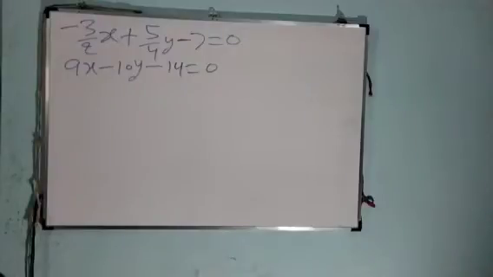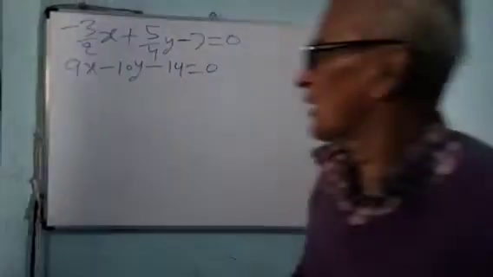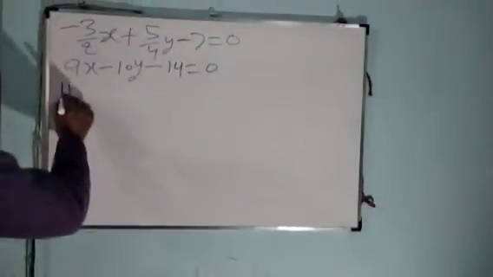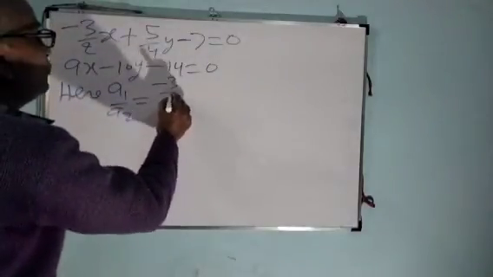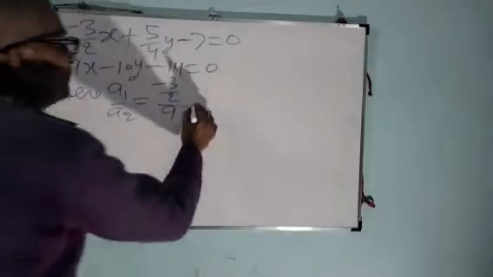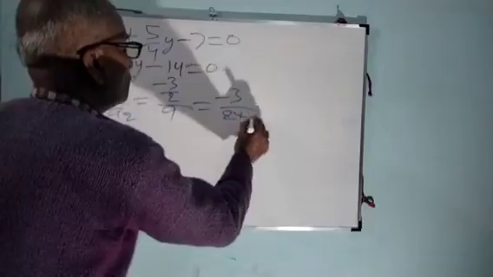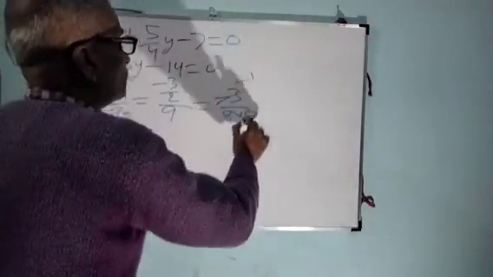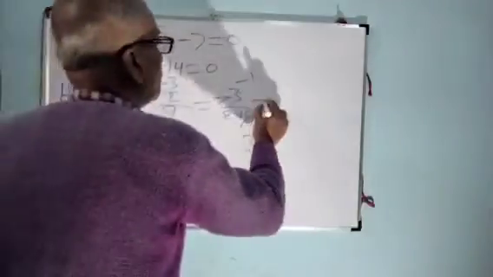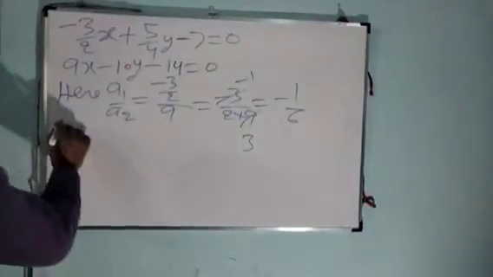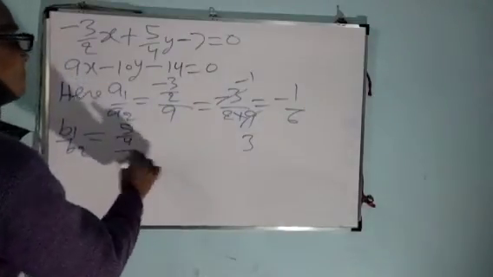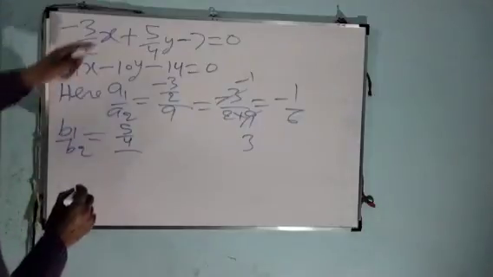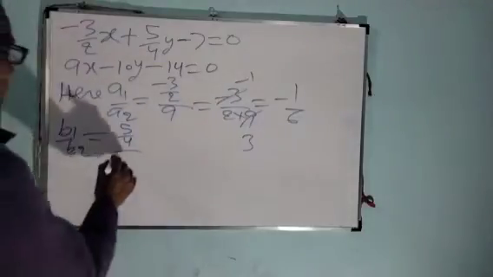Now we calculate A1 by A2, B1 by B2, C1 by C2. Let us see. Here A1 by A2 is equal to minus 3 by 2 by 9. This is equal to minus 3 by 2 into 9. 3 ones are 3, 3 threes are 9, this is minus 1 by 6. B1 by B2 is equal to 5 by 4 by minus 10.